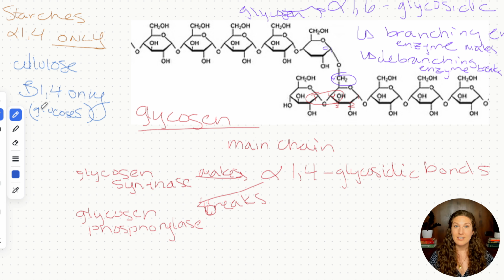Whereas cellulose, the sugars in plants, is used for structure. The plants want those to be nice and strong. So it makes sense why beta bonds would be stronger and why we can't digest them, because we don't have the enzymes for that. We do have some bacteria in our gut that break down the fibers into smaller chunks, but generally speaking, we're not getting our glucose for fuel via cellulose.